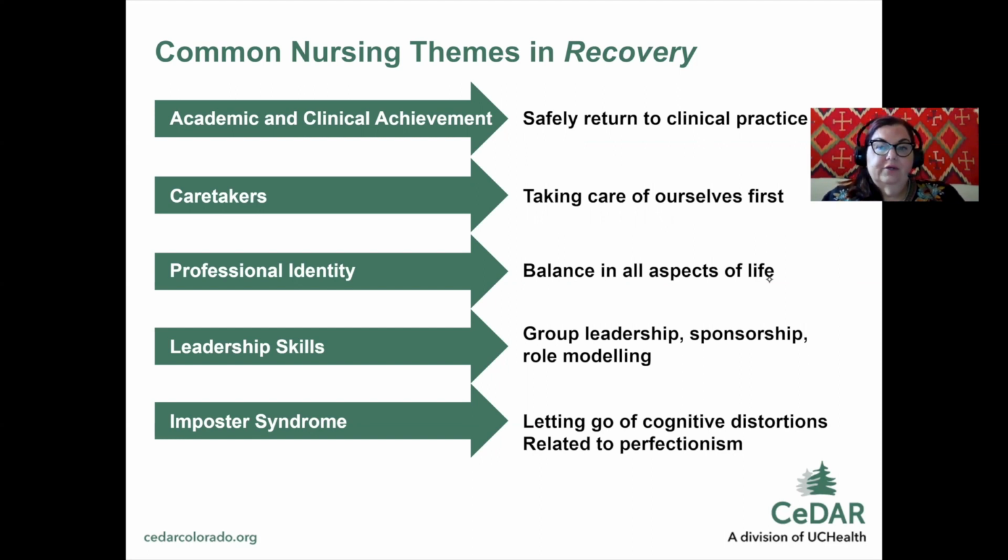With academic and clinical achievement, we want to safely return nurses back to clinical practice, and we do that by coordinating with alternative to discipline programs or the state boards of nursing, depending on which state we work in. We help patients take care of themselves first. So we can't take good care of others at work or at home unless we're taking care of ourselves first.